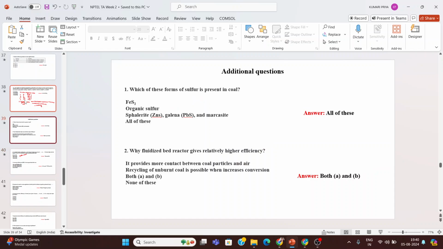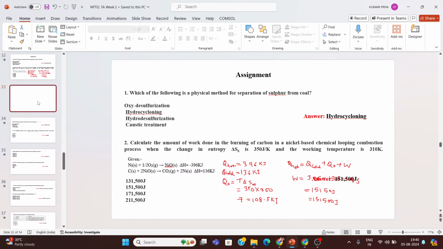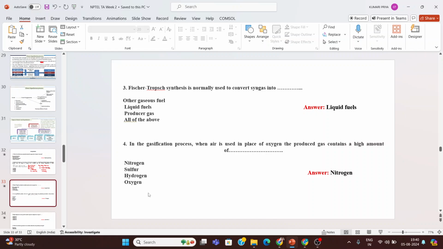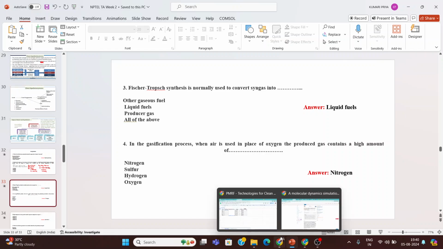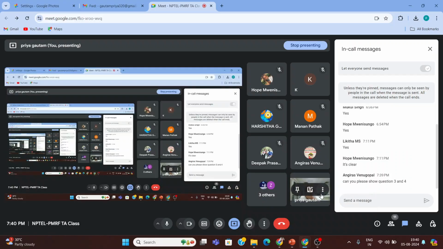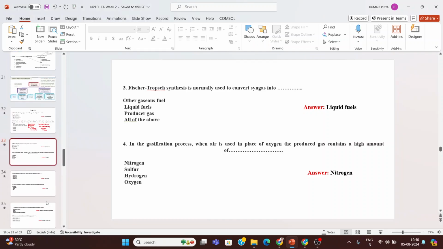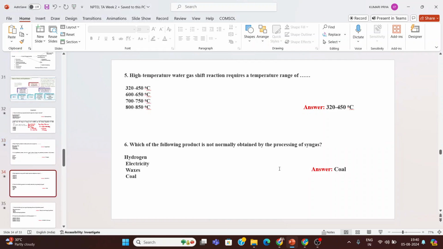Which question 3 and 4? Actually there is an assignment and some additional questions. So which question 3 and 4 do you want, the assignment or the additional questions? Assignment one. Okay, okay, just a second. 3 and 4, okay.